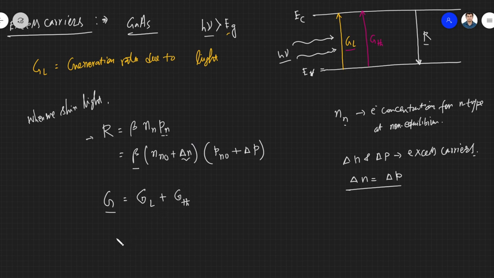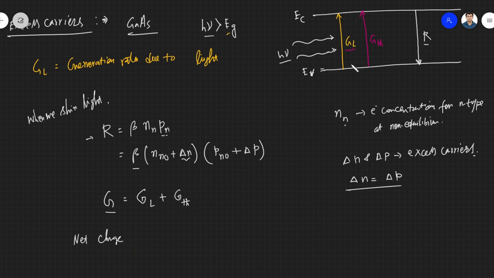Now, mathematically, if you want to prove them, what will be the net change in hole concentration? Sir, in the generation rate, we will not consider carrier injection, like biasing? No, in this we are not considering biasing. If you have biasing, then there will be different generation, right?